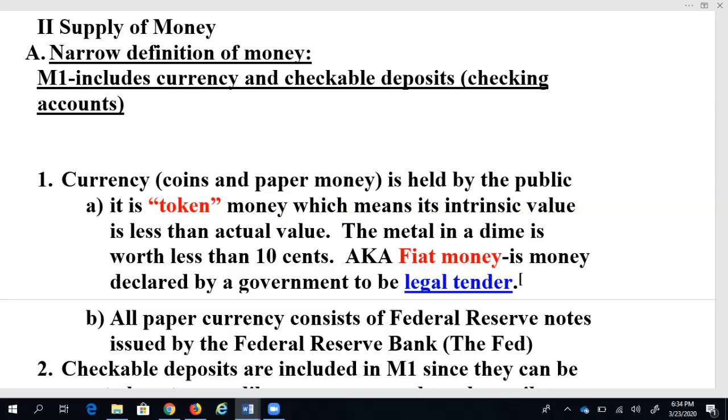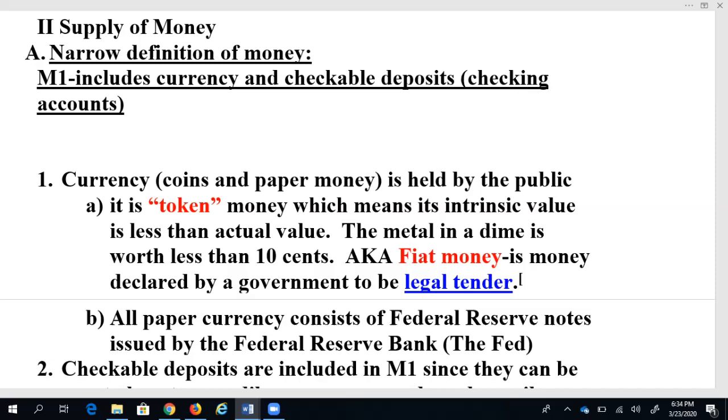The paper money is really token money, which means its intrinsic value is zero. It has no real value. If you look at the amount of money that goes into making a dollar, it's probably cents per dollar. It's the ink and the paper that goes into making a dollar, and the printing amounts to practically zero real value in that dollar.